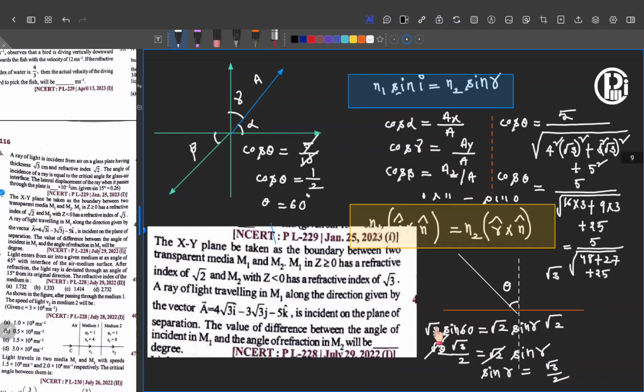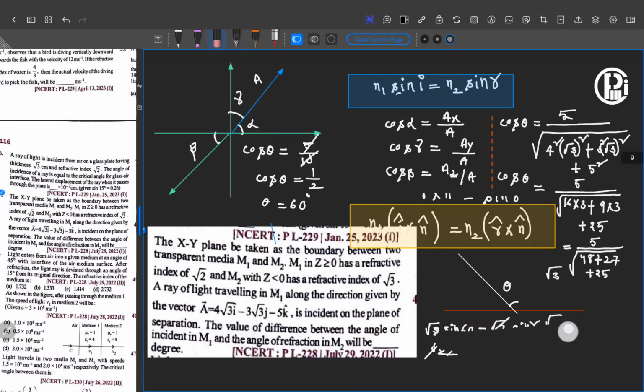If the light is moving from the lower medium to the upper one, then root 2 into sine 60. Sine 60 is root 3 by 2, which will be equal to root 3 into sine r. One second, there is some silly calculation mistake. Sorry for that.